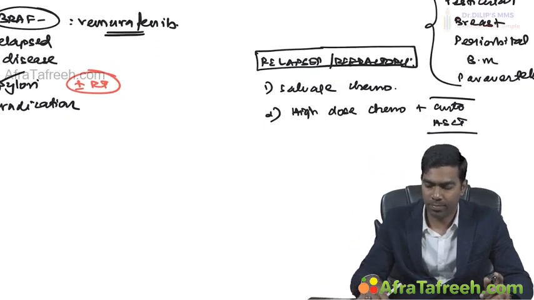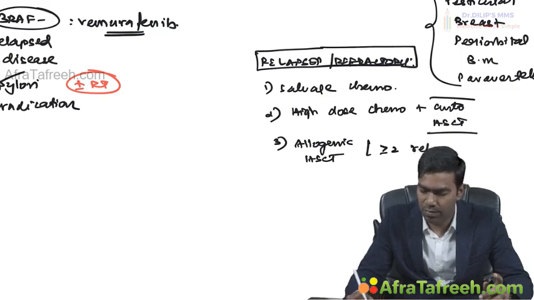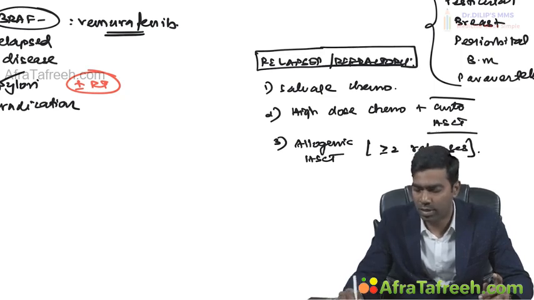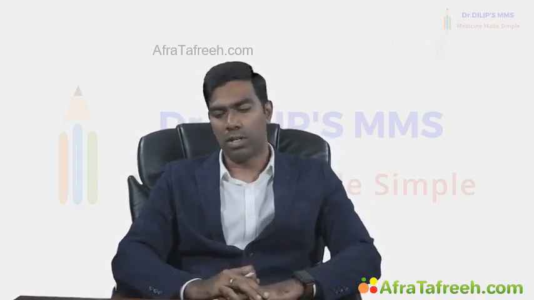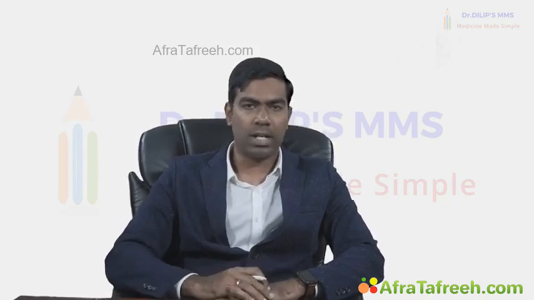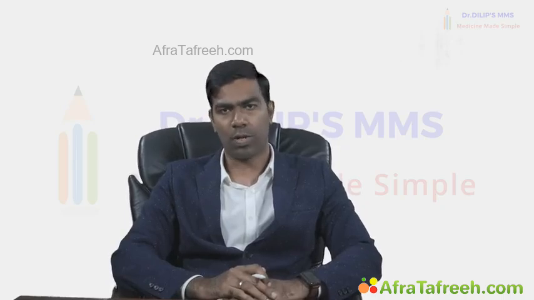And third, you can try allogenic hematopoietic stem cell transplant, especially if there are 2 or more relapses. Beyond the second relapse, you can go for allogenic stem cell transplantation. But initially, you can try salvage chemotherapy or high dose chemotherapy with autologous stem cell transplant.